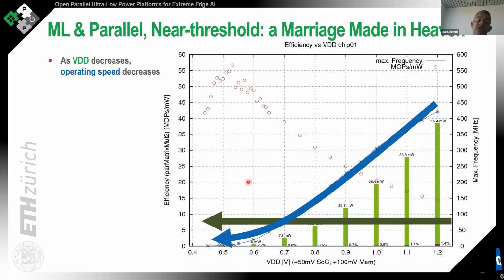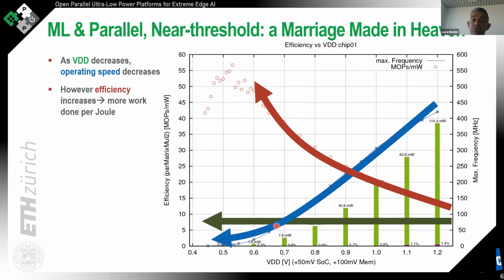There is a very stark trade-off between high frequency and power, and low power. So this is the bad news, but the good news is that if you move to low frequency and low voltage, you get higher energy efficiency. So you are more energy efficient when you work at near threshold, close to the threshold of MOS circuits.